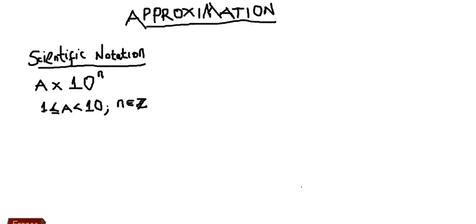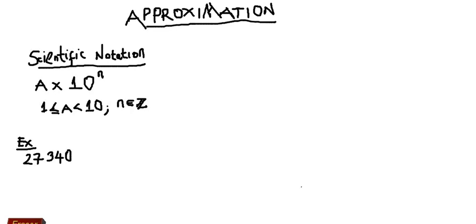So this notation is the one that we call scientific notation. And if we look at an example, we can, for example, write the number 27,340 in standard form. Now, this is a very big number, bigger than 1.